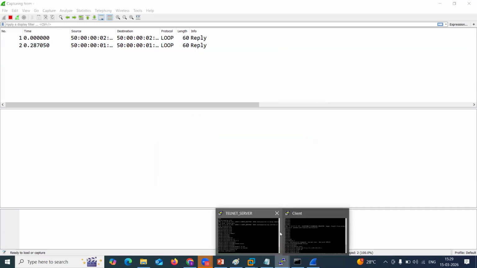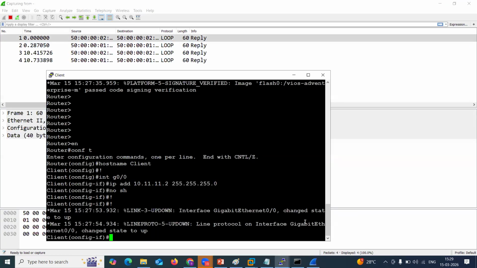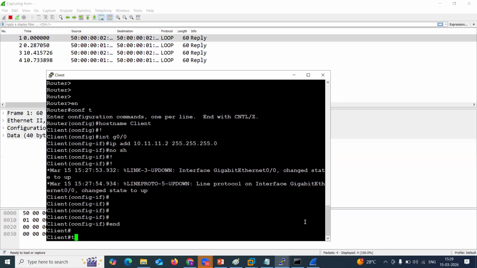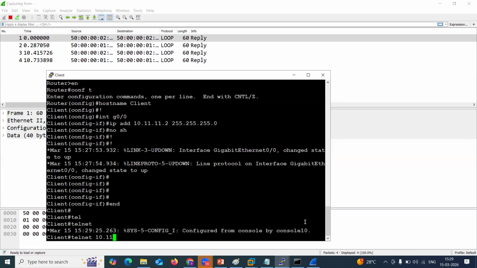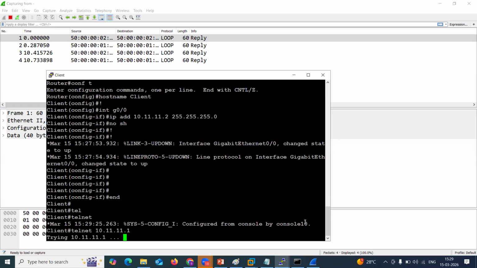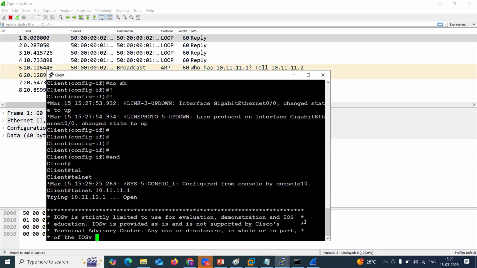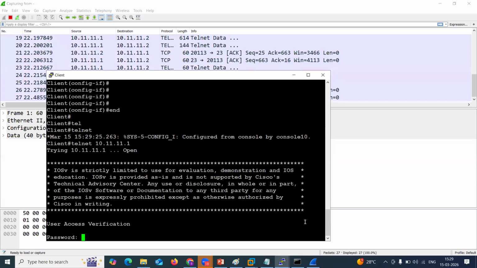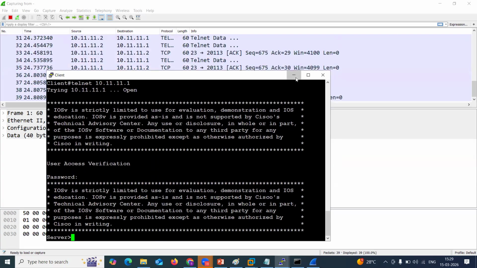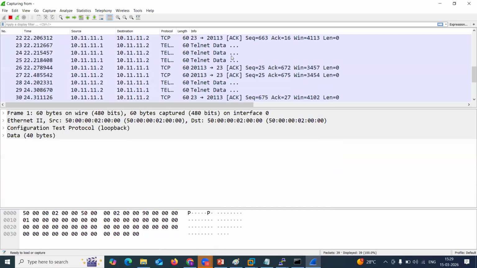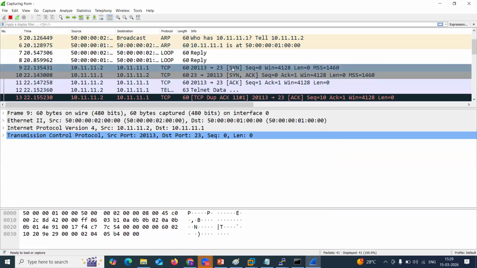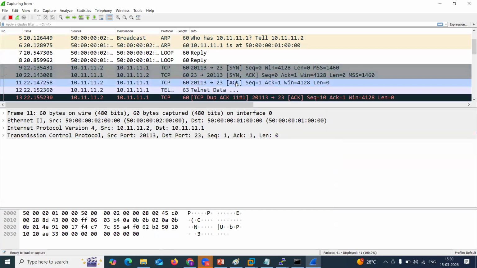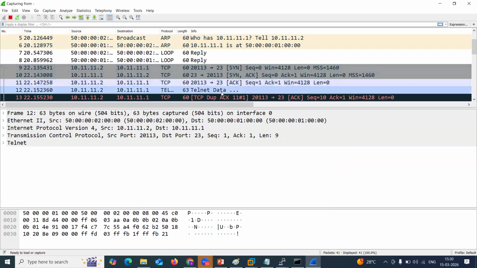And I'll go here to the client and I'll try to telnet 10.11.11.1. I got the access. Now here, telnet was TCP based. So in the ACK, I can see here, there was telnet data.